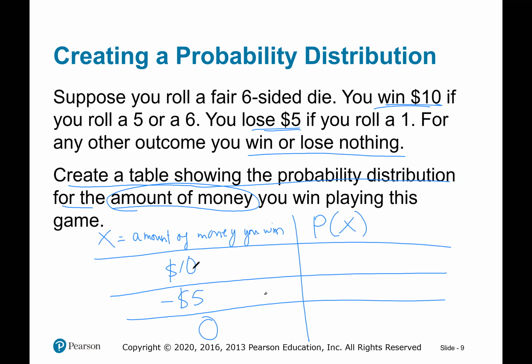For the case of $10, you should know that if you have 5 or 6, when you roll a die and get 5 or 6, the probability will be 1/6 plus 1/6, which is equal to 2/6, which is equal to 1/3.